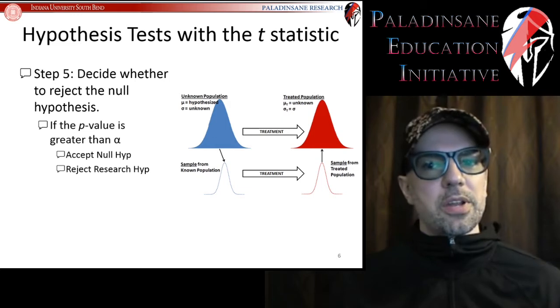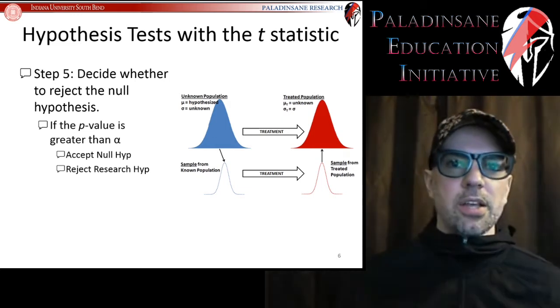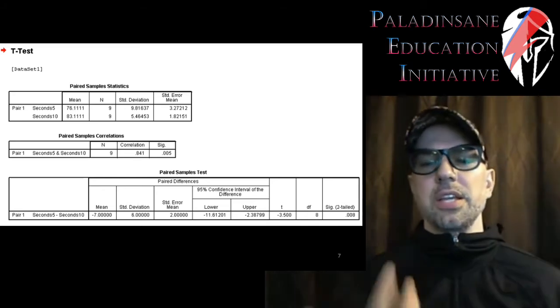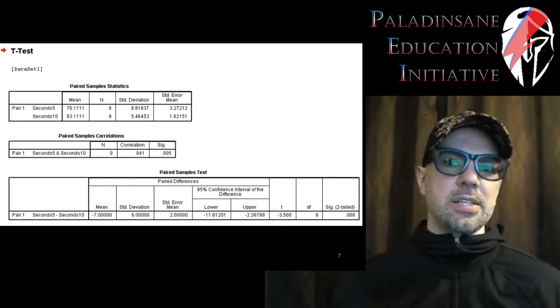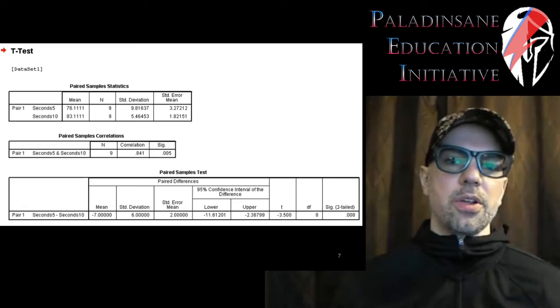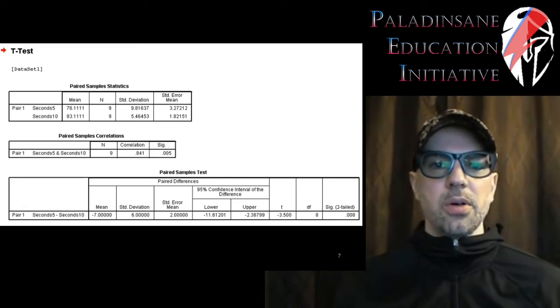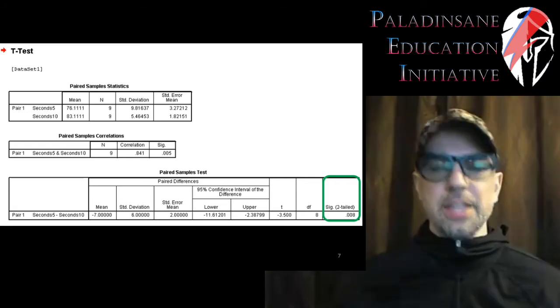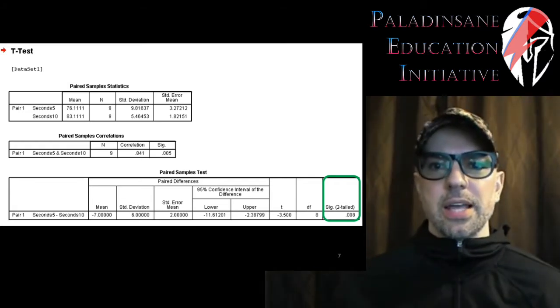But this comes with a little bit of a wrinkle, because when we take a look at our outputs here, you'll notice the significance value, that p-value for your sample, the probability of your sample, we mentioned last time, that's where you can find it in the dependent means t-test.